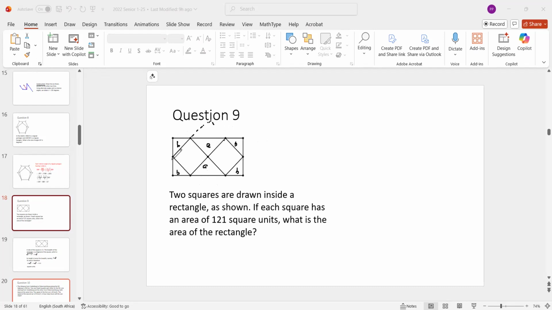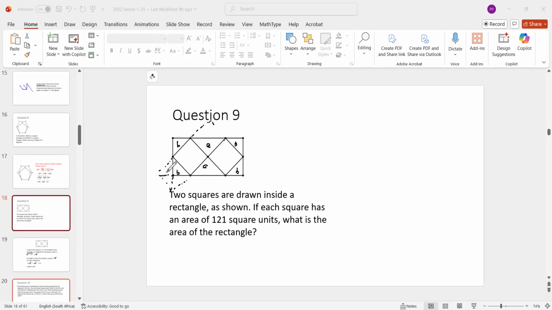If you put these 4 together, cut these 3 corners out and put them here, then you will have the total area.